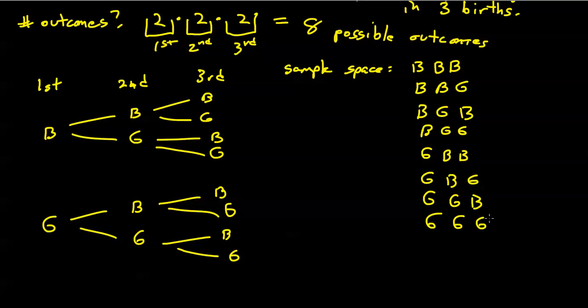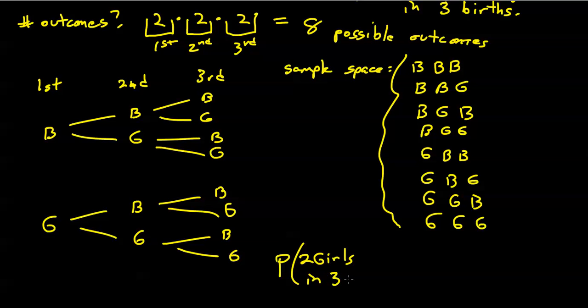Right, those are 8 outcomes. I've listed the 8 possible outcomes, and I believe I've exhausted all possibilities with no duplication. All right, so I want to ask or answer the question, what's the probability of 2 girls in 3 births?